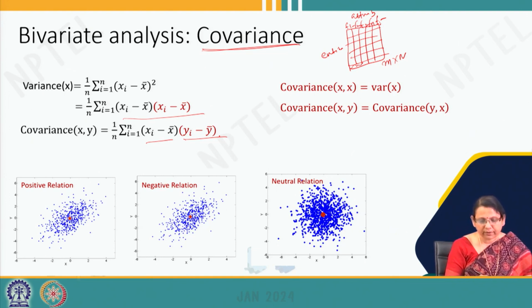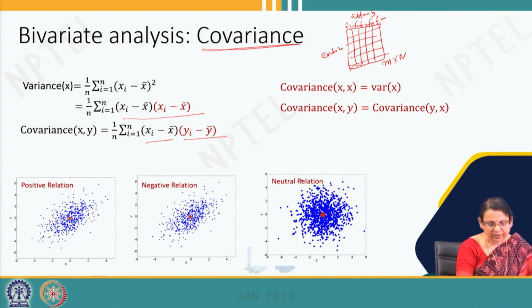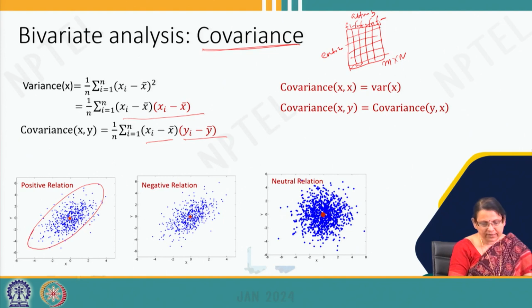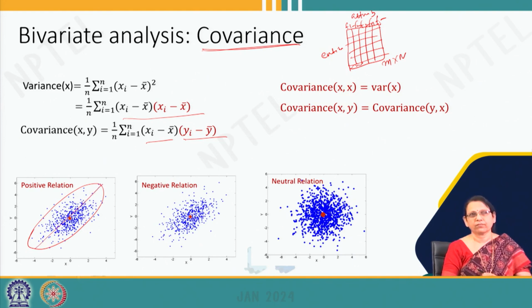When we consider two variables, x and y, and these are the data points, what does it indicate? When the value of x increases, y increases as well. Most of the data follow this relationship. So, as the value of x increases, y increases too.